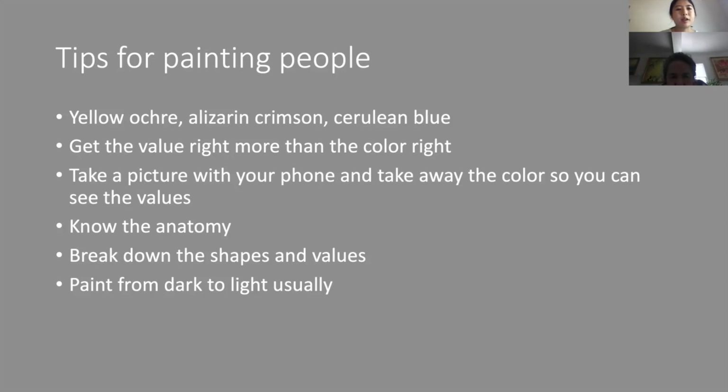Sometimes you can take a picture with your phone and take away the color so you can see the values. Know the anatomy, break down the shapes and values, and usually paint from dark to light.